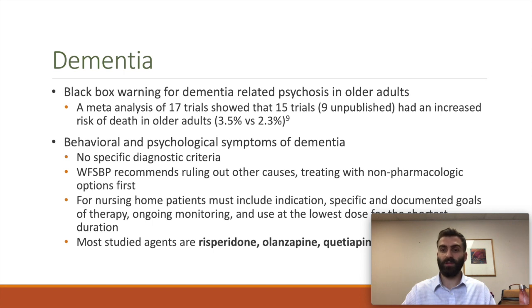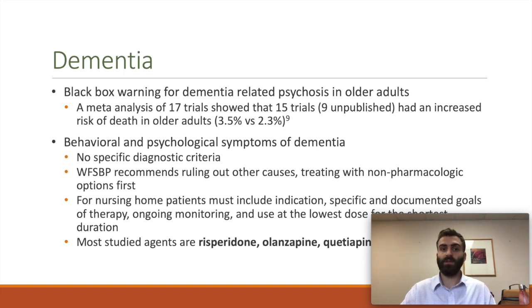Interestingly, 9 of these were unpublished. Unsure why the sponsor or whoever was running those trials that showed the increased risk of death didn't publish it, but eventually that evidence did come out. And as you can see here, the risk is still somewhat low, but 3.5% versus 2.3%.